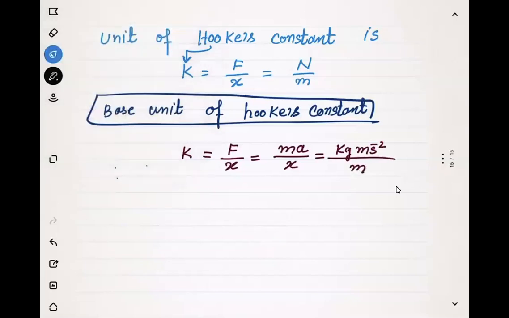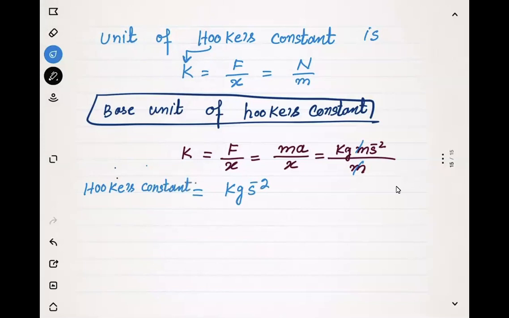So this meter will be cancelled with meter. And finally what you get is kilogram second minus 2. It is the base unit of Hooke's constant.